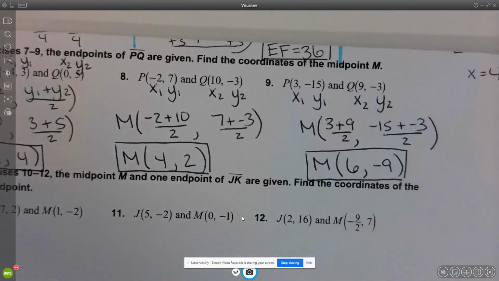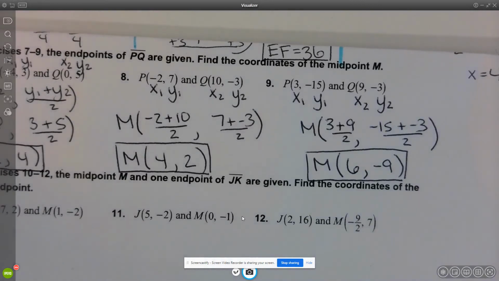Double check that solution with your work and fix any mistakes you might have.